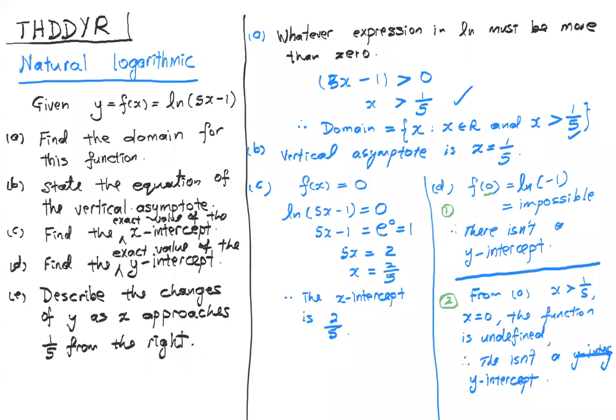Hello, students, so far, are you okay? Yes. Okay, so let's go to part E. Before I do part E, we have to look at it by observing the domain first, okay? So now I'm going to sketch the axis first.